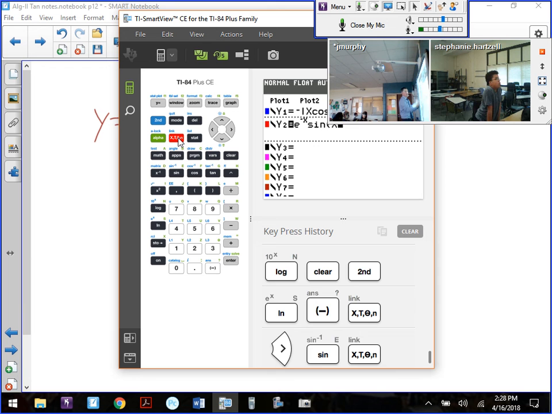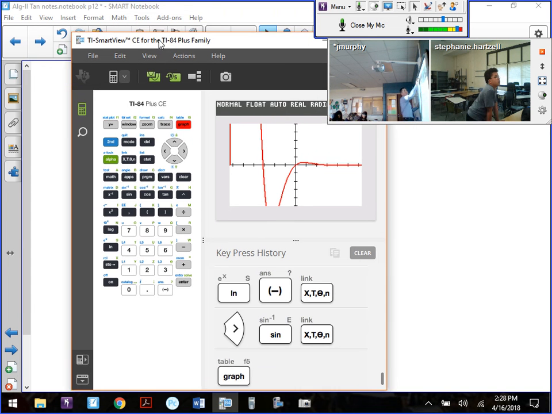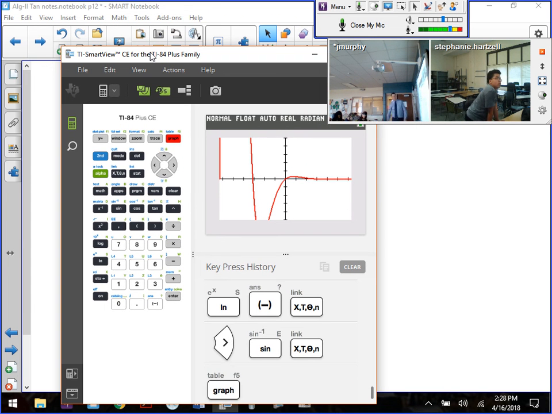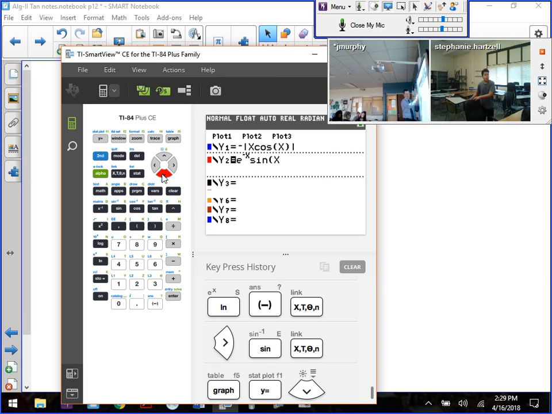I think that's what this looks like. It's a muted sine function. Or better yet, when you do this, a dampened sine function.